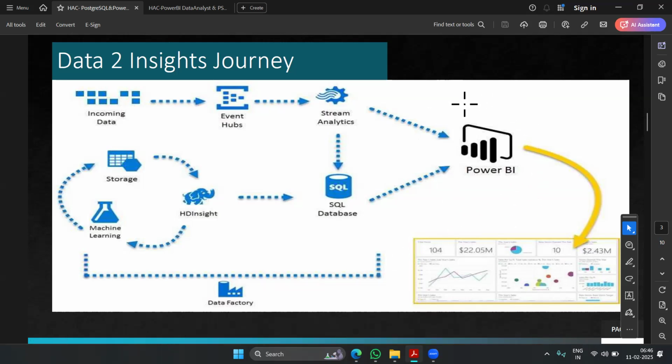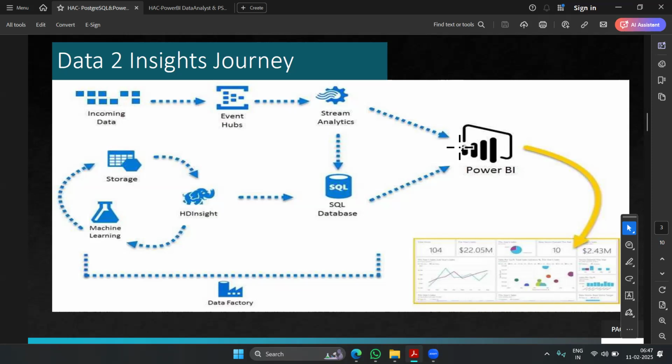And our Power BI is going to be used to visualize that data. Think of it in simple language: you have a table with 100 or 10,000 or 100K records. By seeing that table, it is hard to understand how our business is going. But if you present it in a simple line chart or bar chart, our mind can quickly understand how things are going.